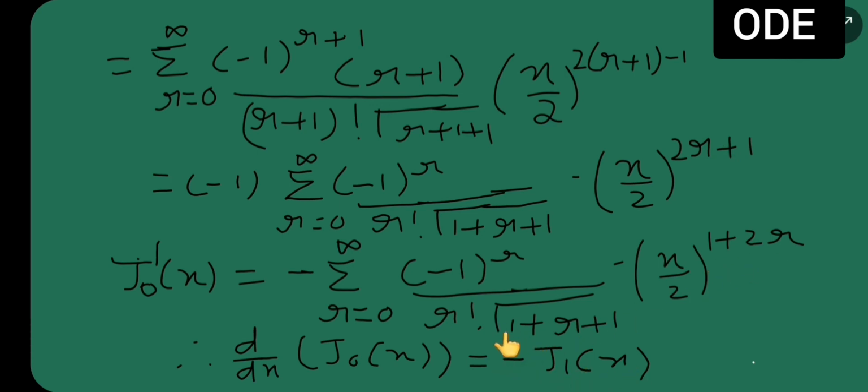So here also there should be the starting 1. So you can write d/dx of J0(x) is equal to minus, and then this part is nothing but J1(x), because here I am getting 1 and this is also 1. So we are done with this proof.